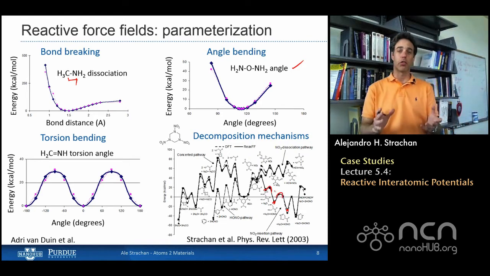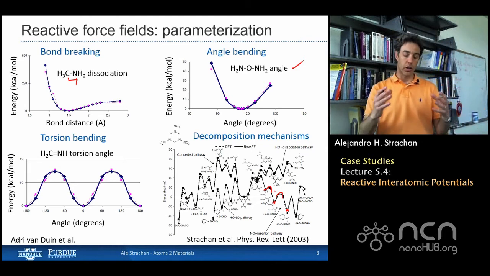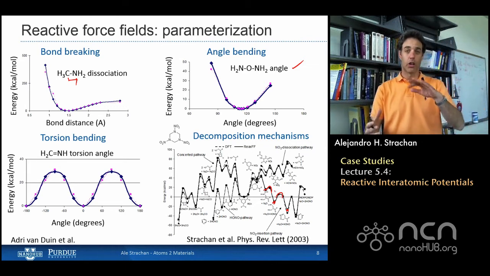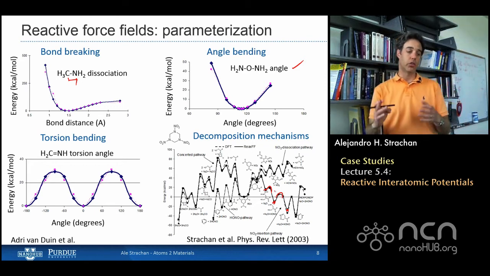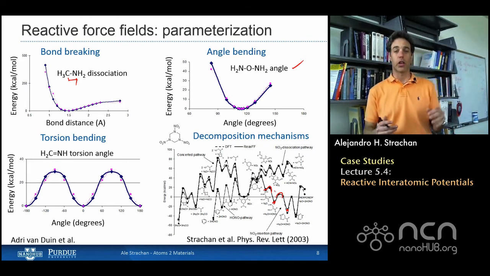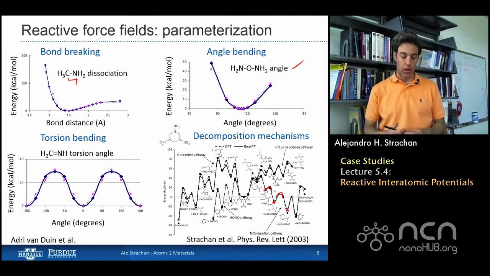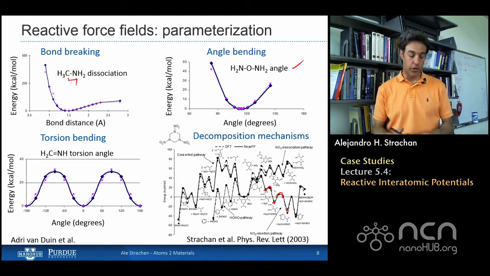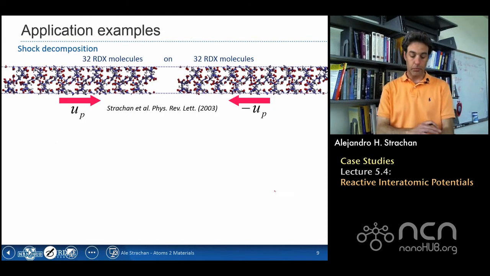So you can parameterize these for a bunch of intermediate products, but also, very importantly if you're interested in chemical reactions, the energy barriers between these reagents. That can be done as well.